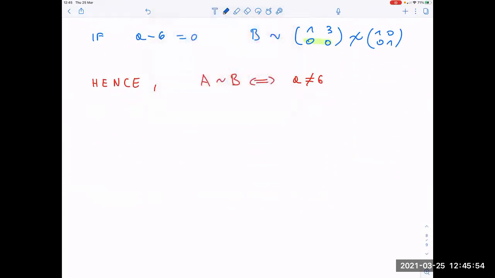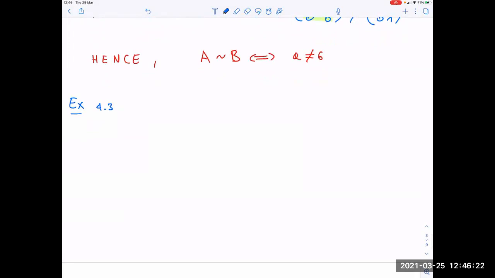Okay, any question or remark? Okay, so now we move to something like this, 4.3, and I write down a system of equations like this, number 3.